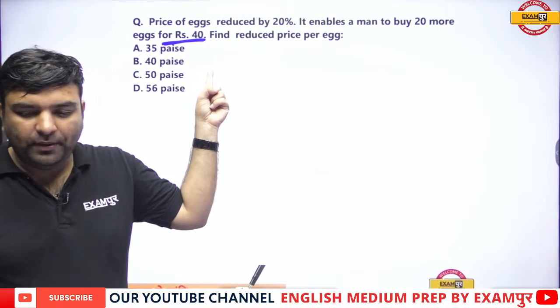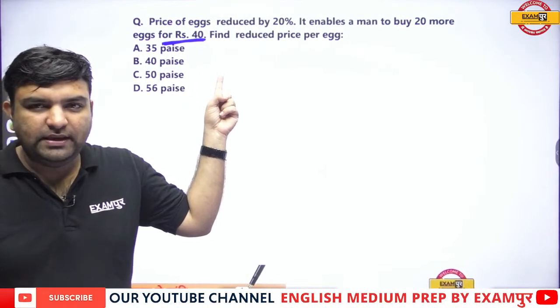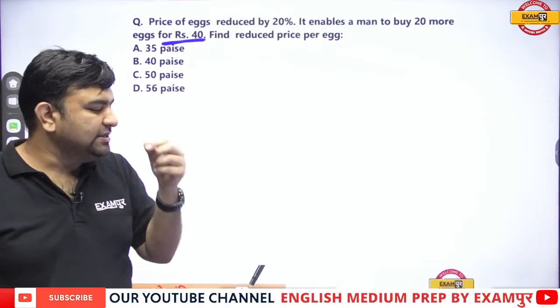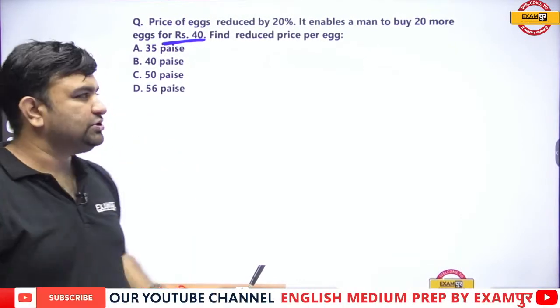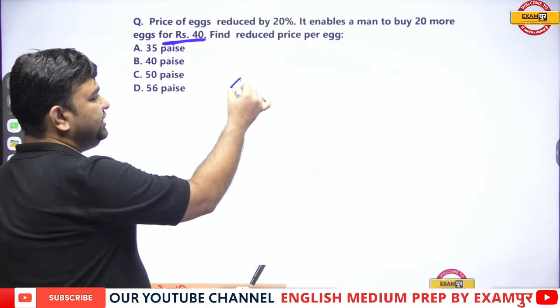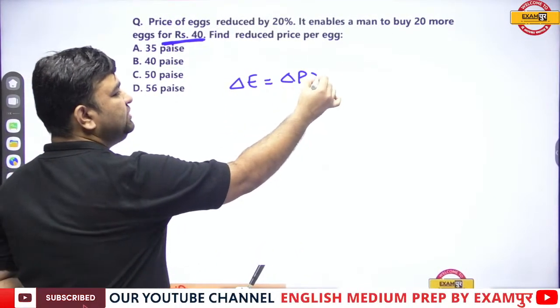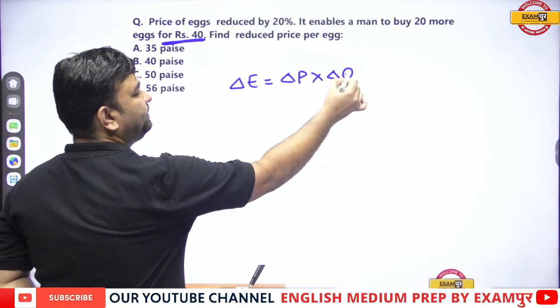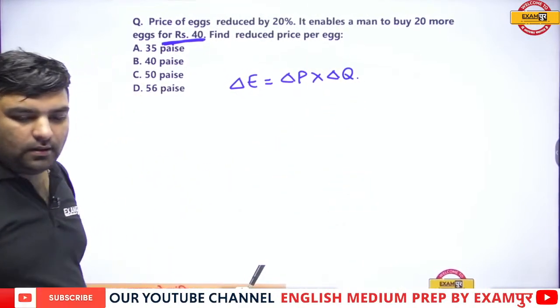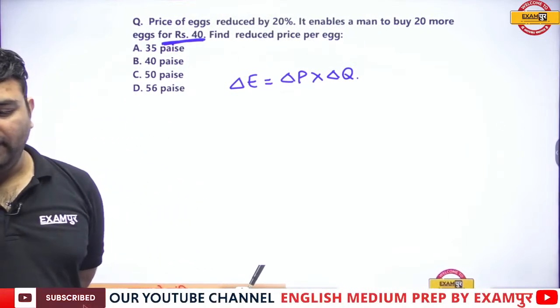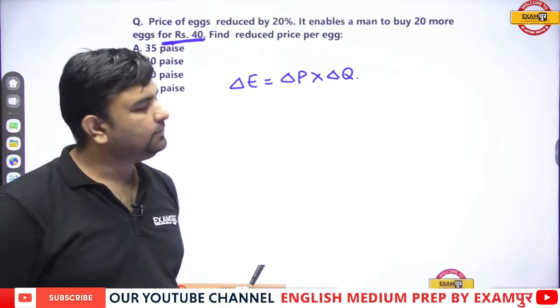For the same rupees means expenditure is constant. Change in expenditure is equal to change in price into change in quantity. So we will deal in percentages only.